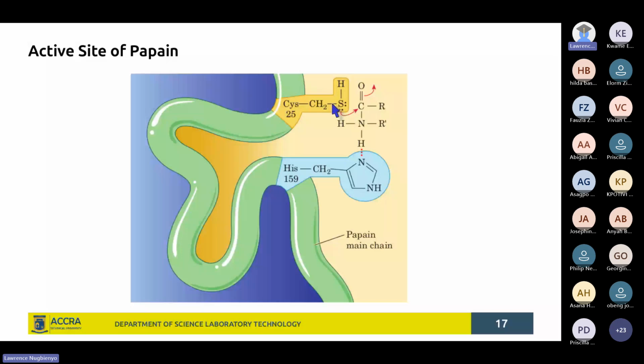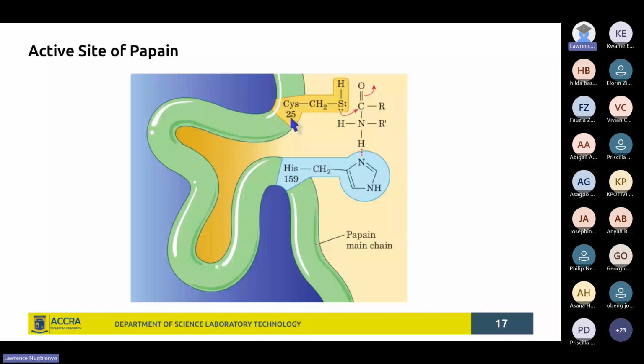If you take the sequence of the protein, papain, if you are looking at the primary structure of the protein, and you are counting the amino acids from number 1 to the last, maybe 900 and something, cysteine, which is at the 25th position, is part of the active site of the enzyme.